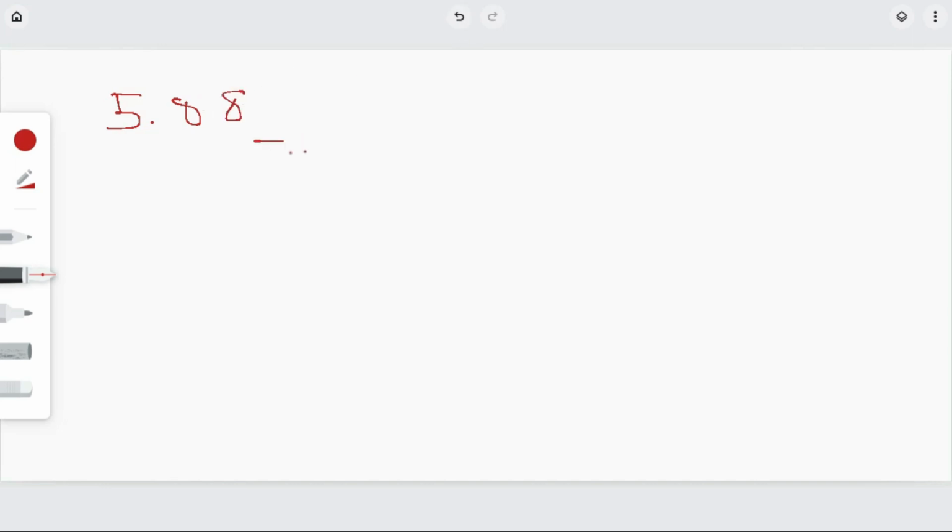So you draw the fraction like this, and because you are going to move the decimal point 2 times, this will be 588 over 100. 2 can go into both, so divided by 2, and this one also divided by 2.